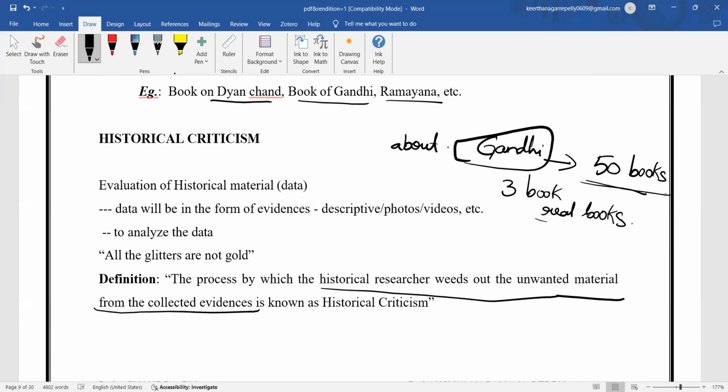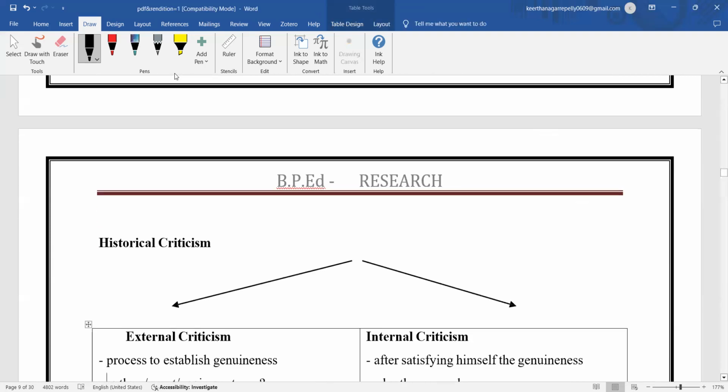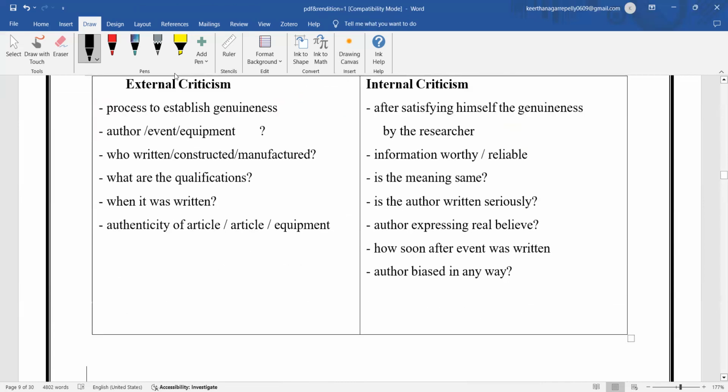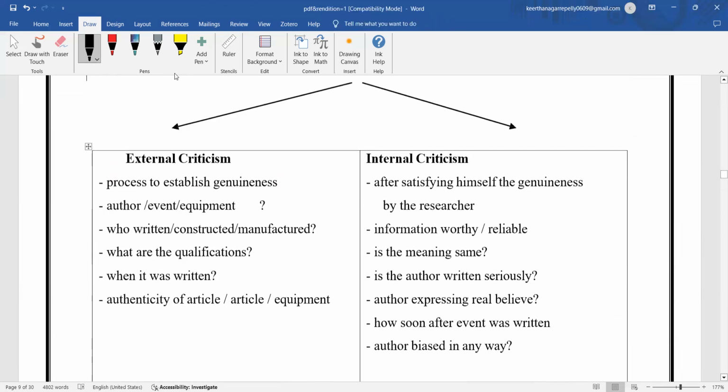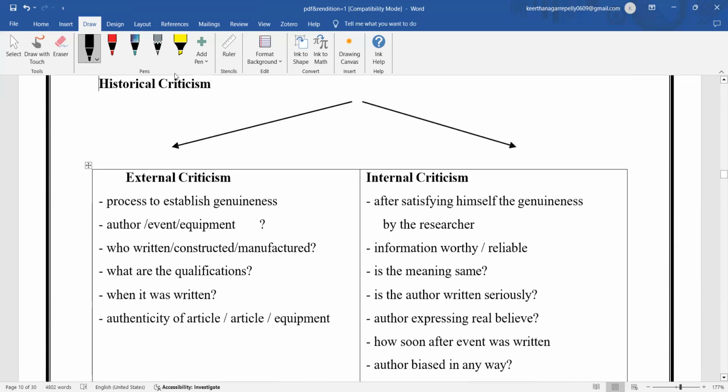You can rely on those, and the other 47 books become the secondary sources, or the unwanted material, right? So that is what historical criticism does.